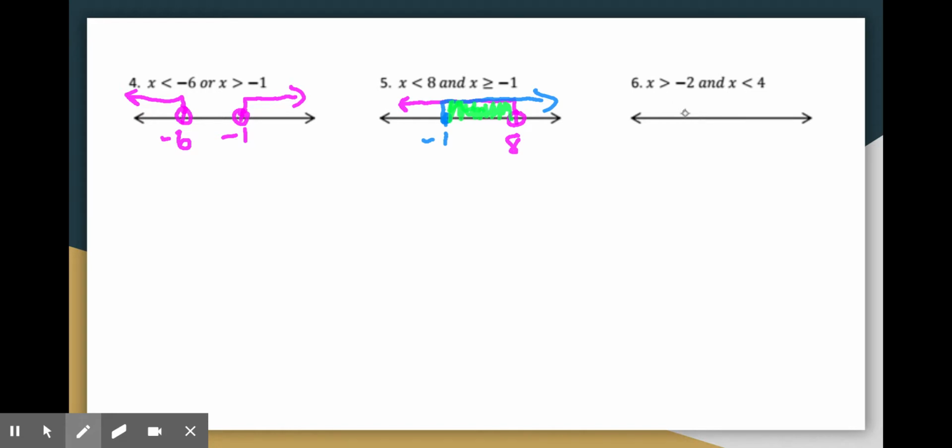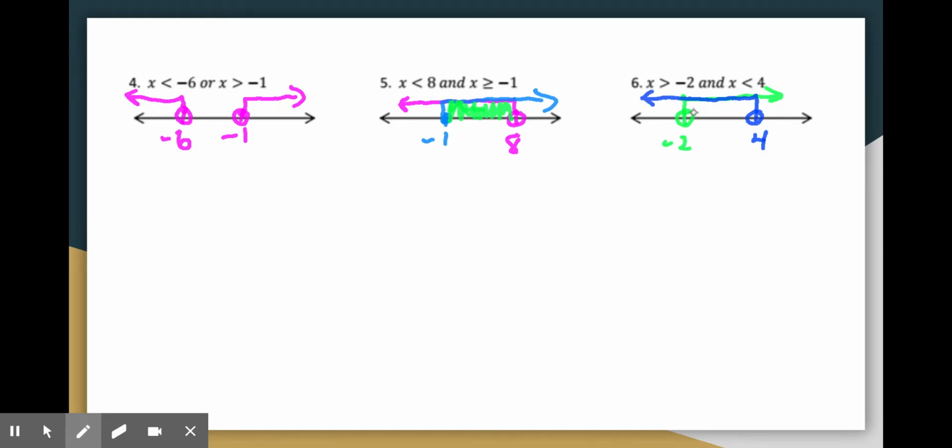And then finally, we have x is greater than negative 2. So we have negative 2 with an open circle to the right. And x is less than 4. 4 with an open circle to the left. Okay?